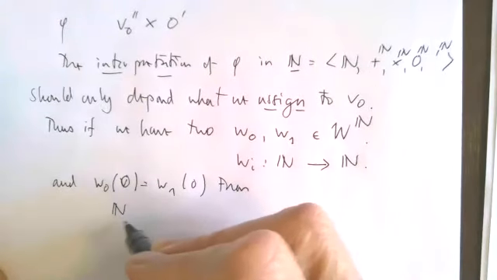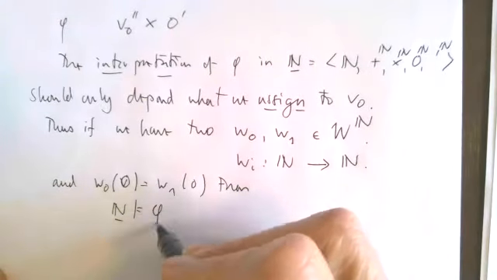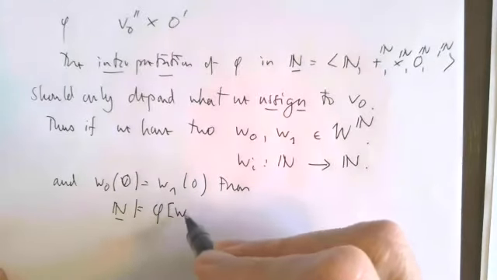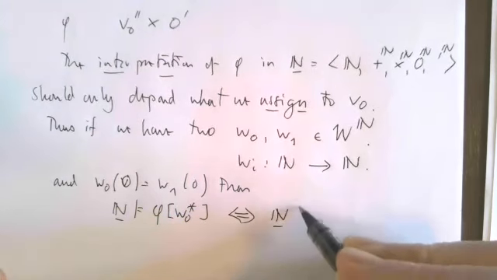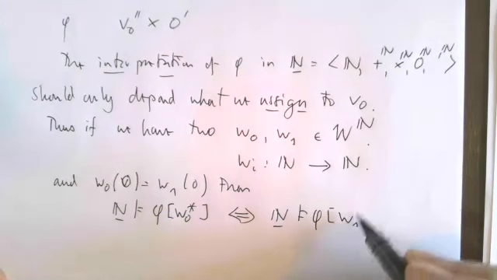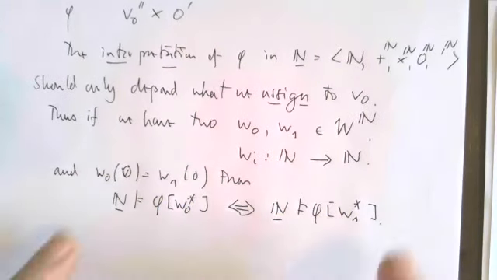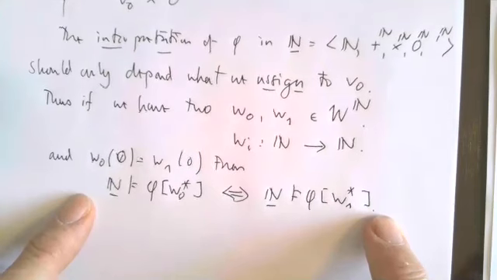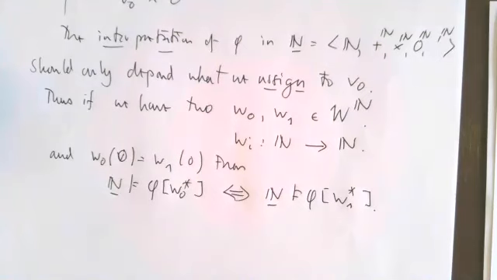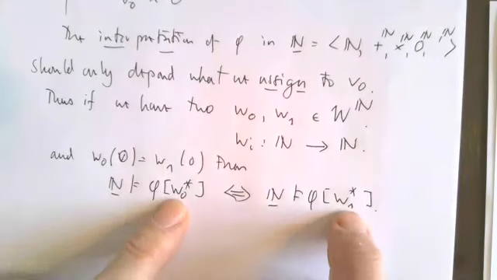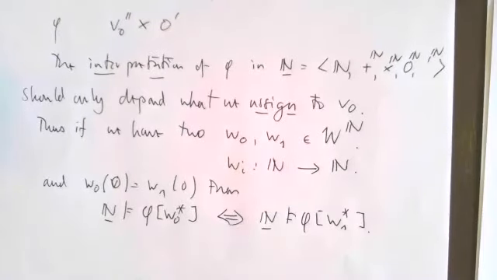Then we're going to have that phi under the assignment w0 is going to hold if and only if it does under w1. Because they assign the same thing to v0, and what they do elsewhere is not germane to the truth or falsity of this phi in the structure here.